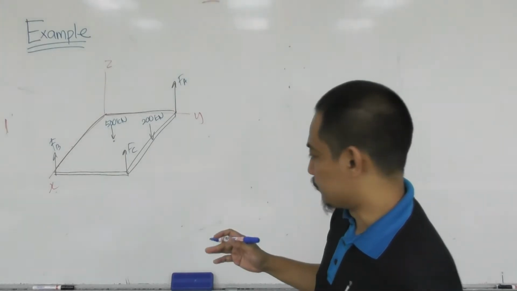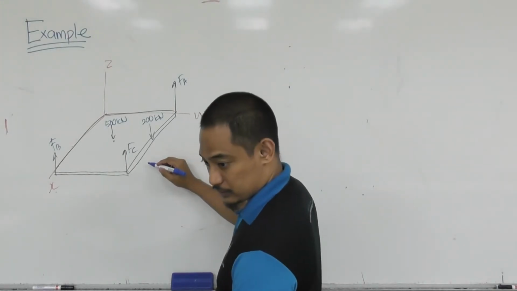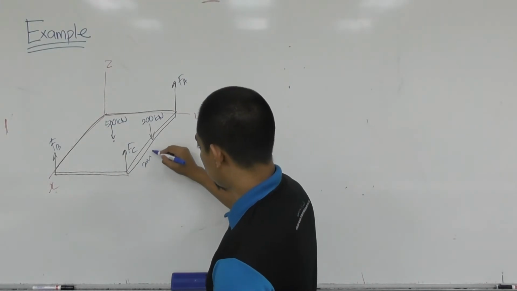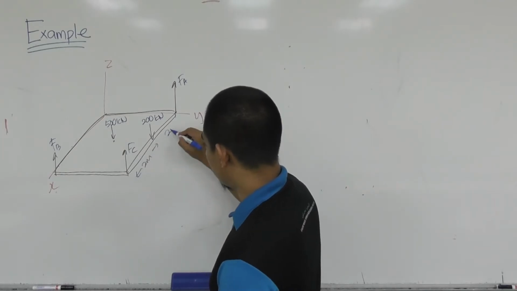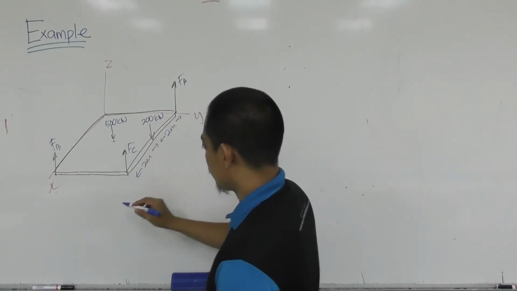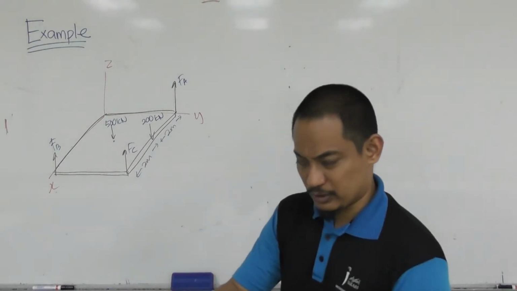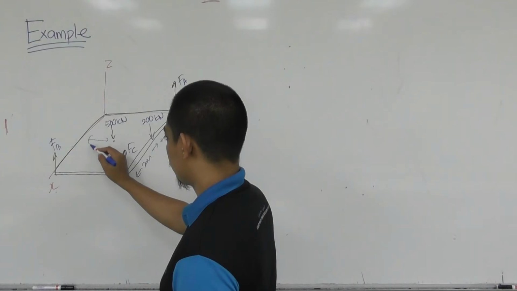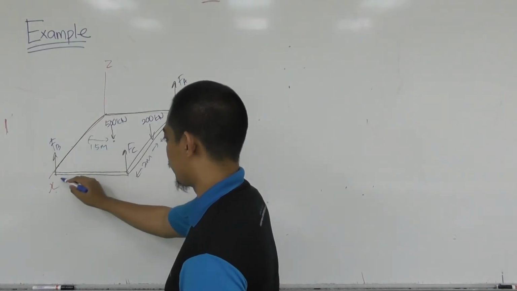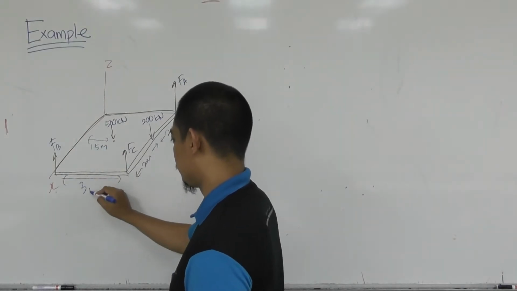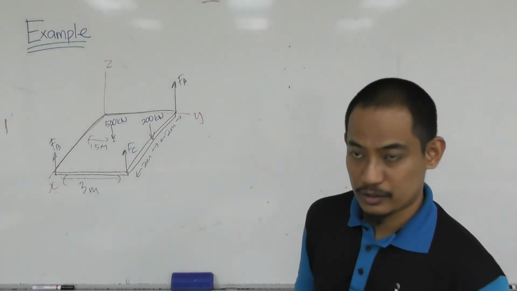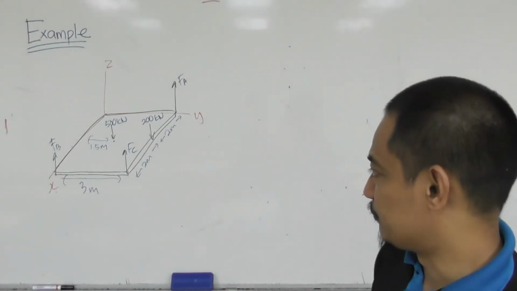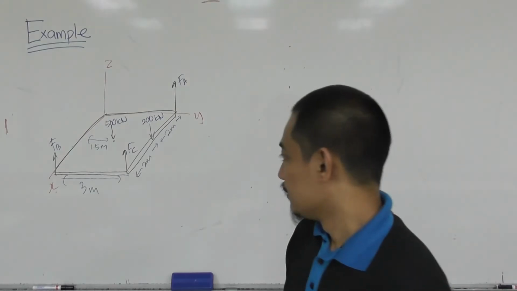Then you also have to put in the dimensions. This is 2 meter, 2 meter. This one is 1.5 meter. Of course, this is 3 meter. So basically all the dimensions are there. Obviously, this is also 2 meter.